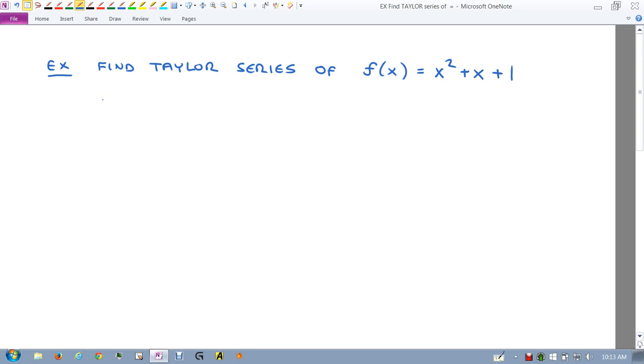So in the next one, this example: find the Taylor series of f of x equals x squared plus x plus 1 centered at 1.